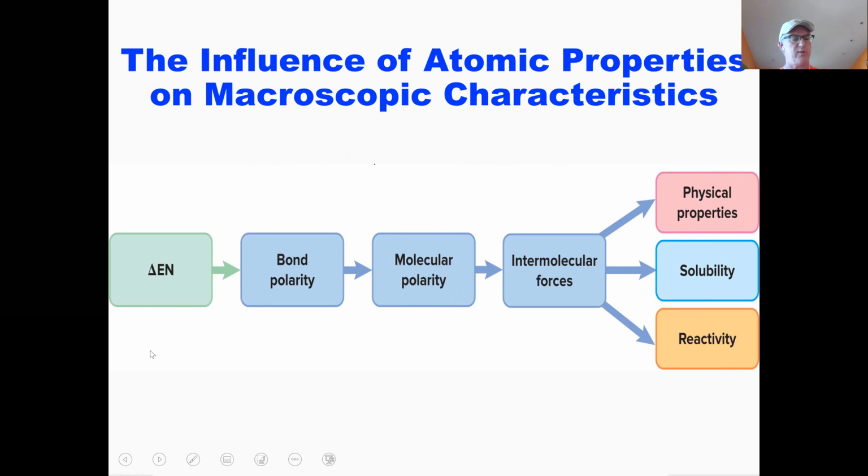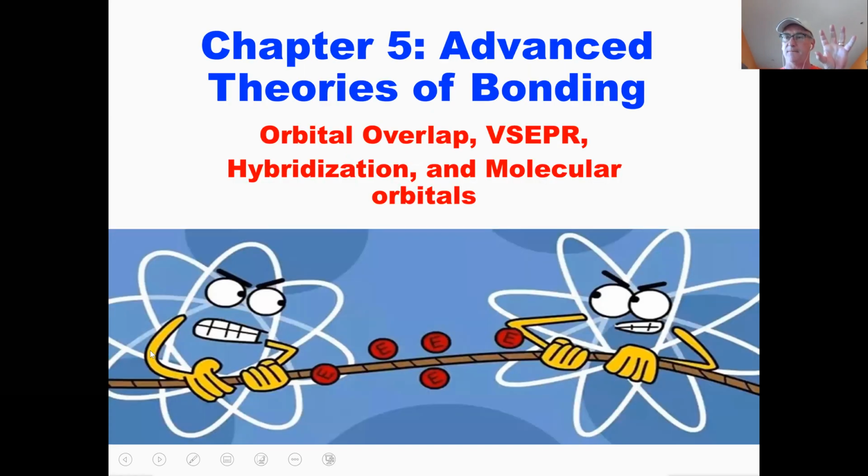So I just really quickly, as the last few minutes, want to introduce orbitals and orbital overlap. And obviously we'll talk more about it in the recitation this afternoon as well as the next class. It starts the next chapter, and we'll learn really how things bond. We know that there's polar bonds, non-polar bonds, and ionic bonds. Okay, great, got it. But how do they actually form?